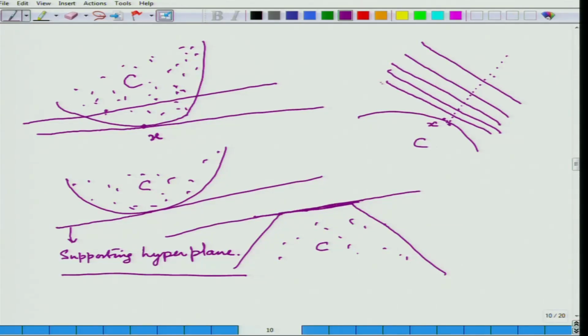And finally, you can come in like this and touch the boundary at x, and that would generate a sequence of planes which can come and touch at x, and that would give you the separating hyperplane, or not the separating hyperplane, the supporting hyperplane to C at x. So, with this very basic idea about separation, we close our discussion and go into more of the optimization issues in the next class.